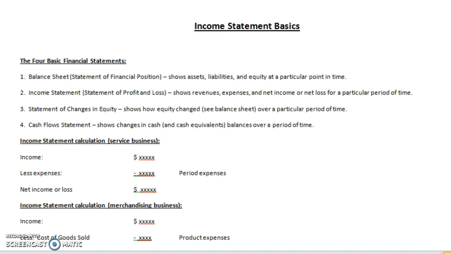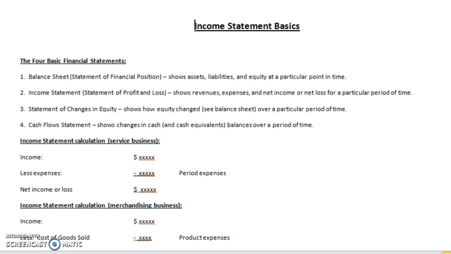So we're going to look at the income statement that shows revenues, what the company has made this period, expenses, those costs incurred to earn the income, and then whether the entity has a net income or net loss for the period. The statement of changes in equity: up there at the balance sheet, we said equity was the net worth of the business or the entity. How did that change over a period of time?